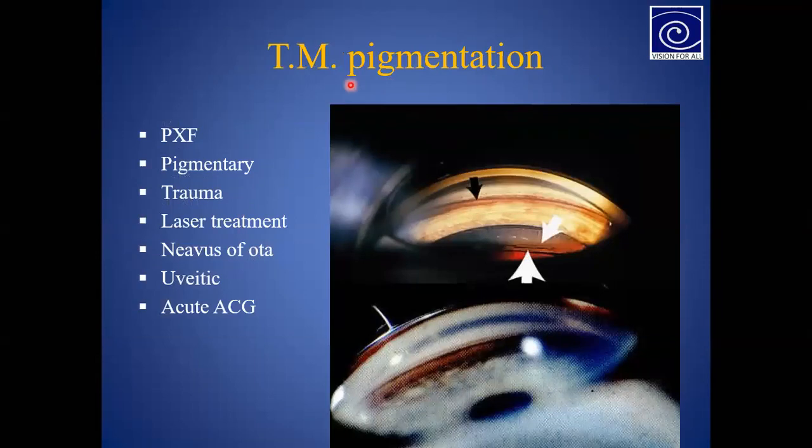Trabecular meshwork pigmentation will also be required to be recorded in the EMR file, because there is a grading of trabecular meshwork pigmentation, like grade 1, 2, 3, 4. Depending on that grade, if the trabecular meshwork pigmentation is more, then that will be considered an abnormality.